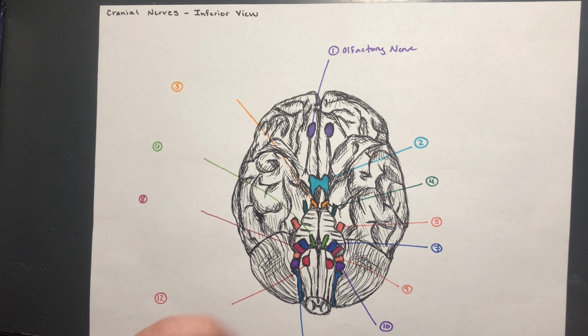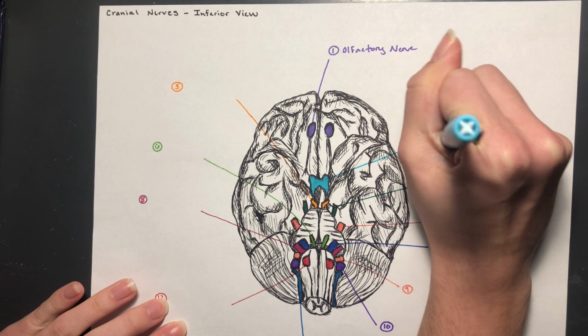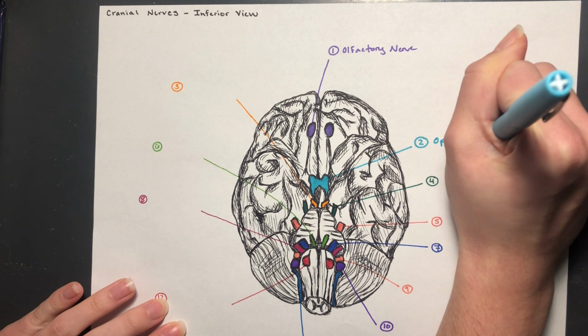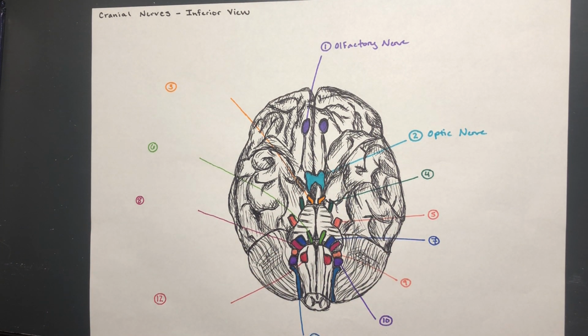Next, we have the optic nerve, which has the central location right here. The optic nerve functions in transmitting visual information from the retina of the eye to the brain.